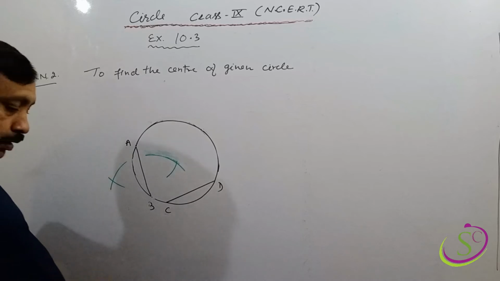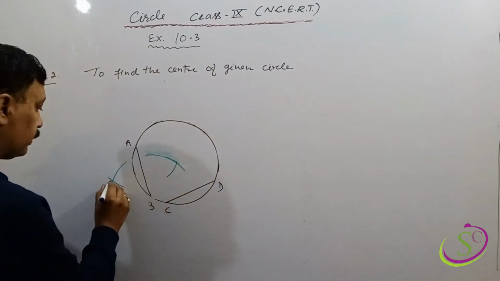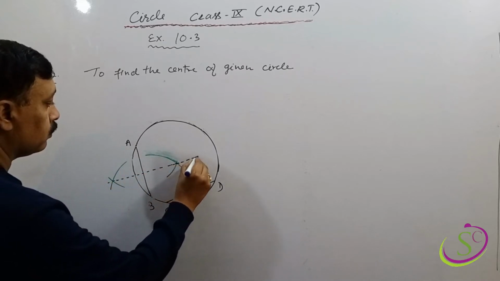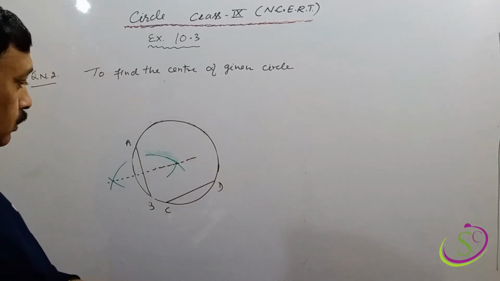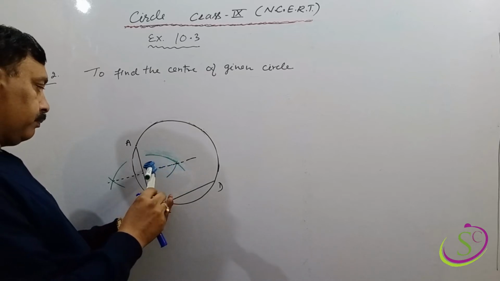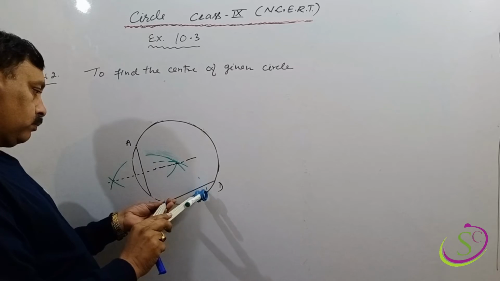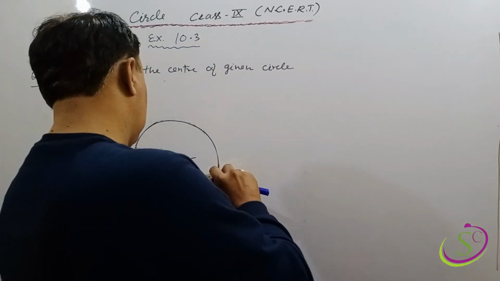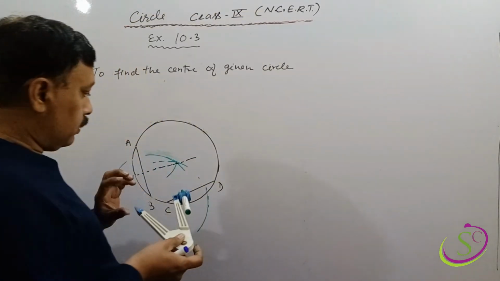Clear? And join these 2 points like this. Clear? And similarly draw the perpendicular bisector of this, and taking D as center, draw another 2 arcs.